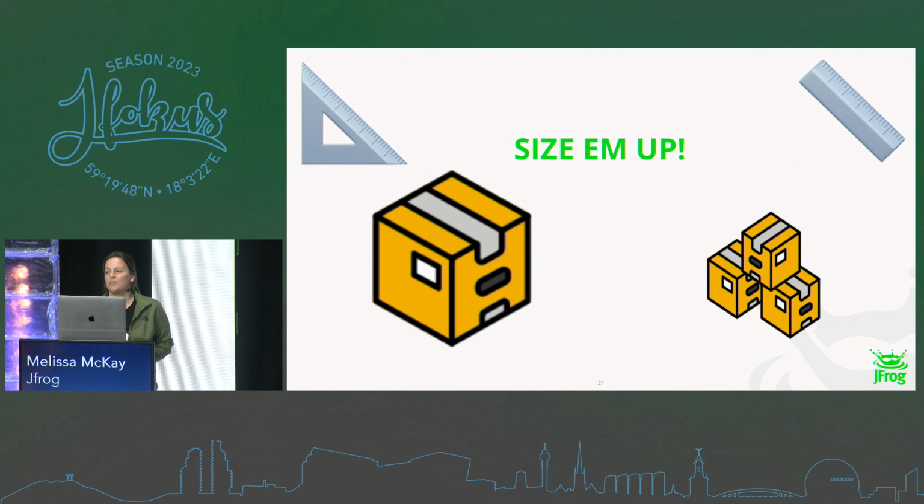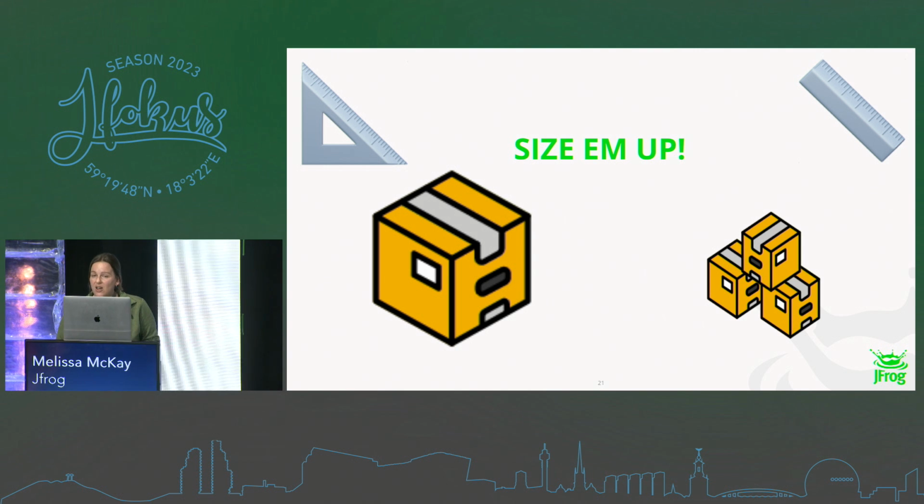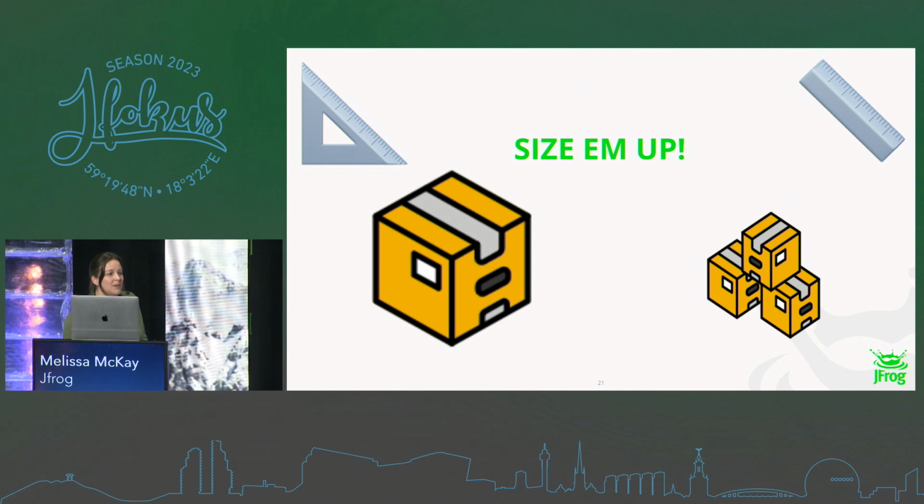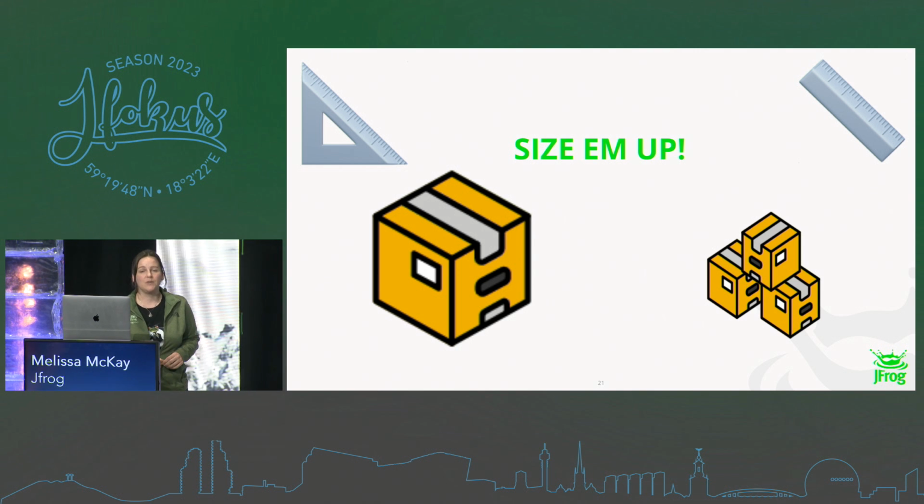The ones that are labeled slim are even smaller. Although you might want to do some extra work with those, make sure you have a lot of test coverage, because there could be some problems with particular applications where you don't have the libraries that you need in slim images. So just make sure that your application requirements fit in order to use those.